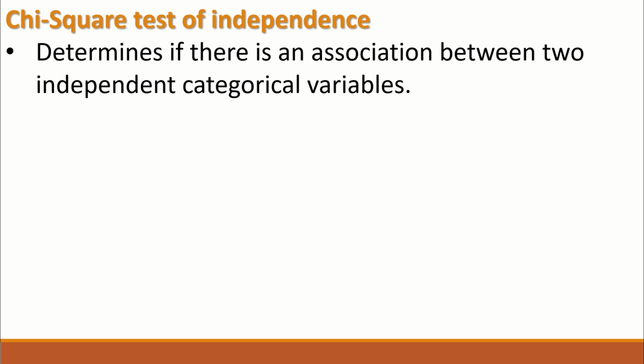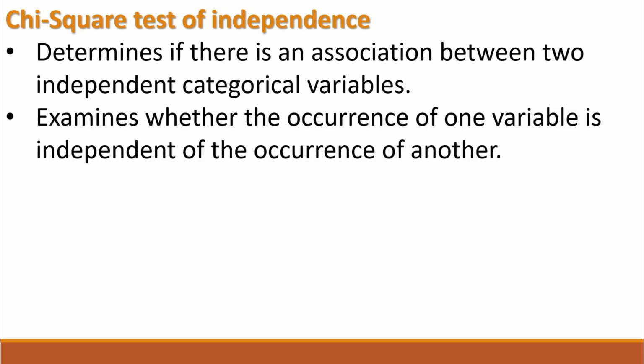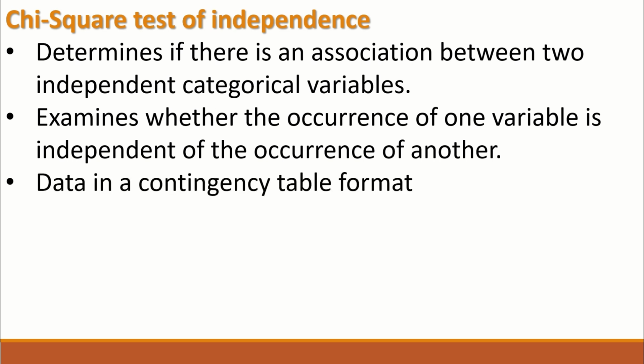So the data have to be in a categorical type, or the variables have to be categorical. The test will examine whether the occurrence of one variable is independent of the occurrence of another variable. So whether there is association between these two variables, or whether these two variables are independent from each other.